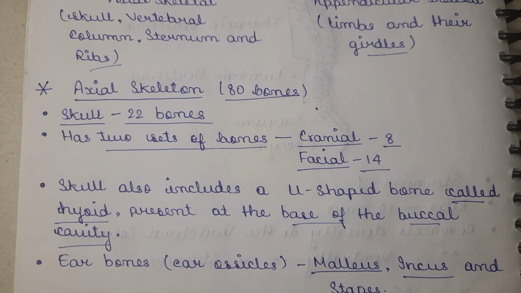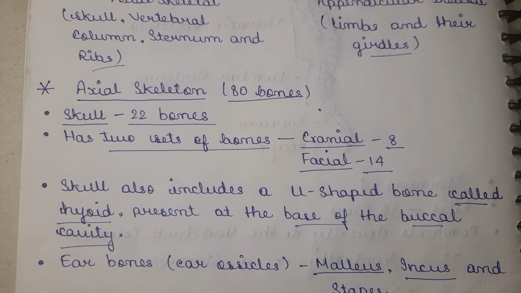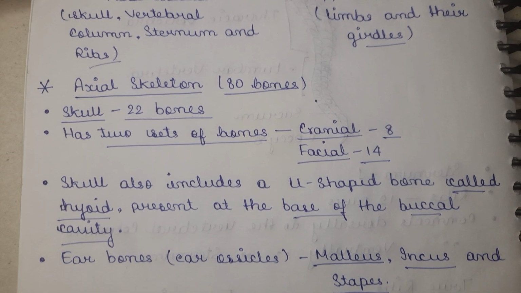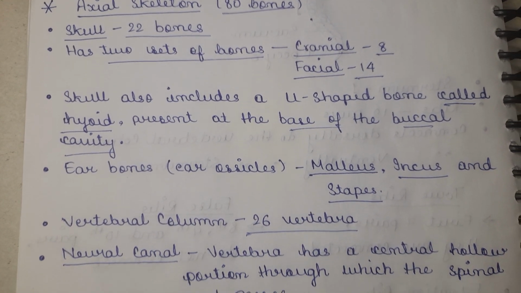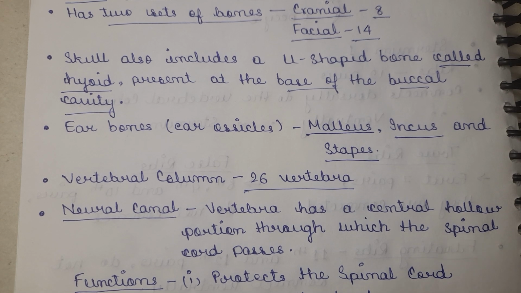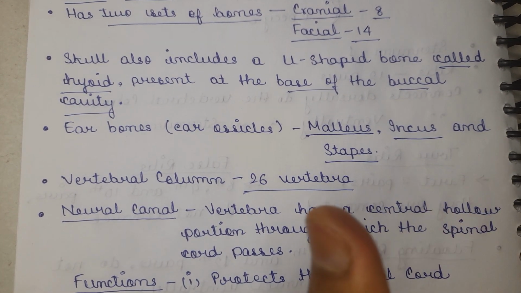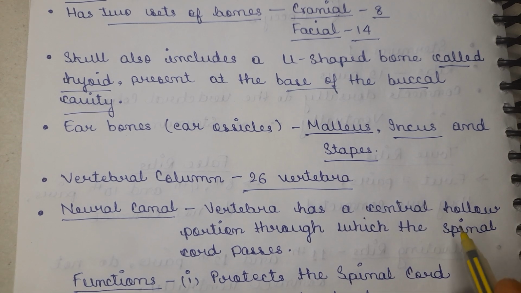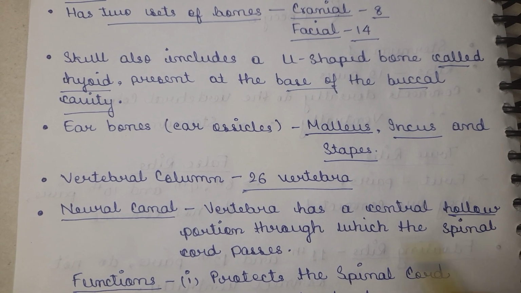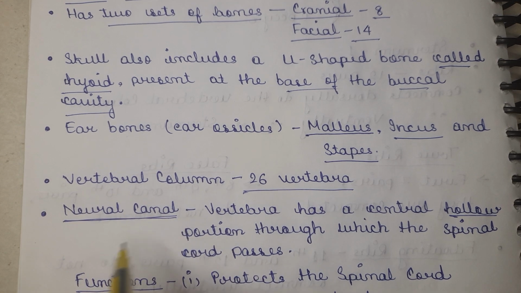Now the topic is the vertebral column. In the vertebral column the number of vertebrae is 26. Each vertebra has a central hollow portion through which the spinal cord passes, and this hollow portion is known as the neural canal.